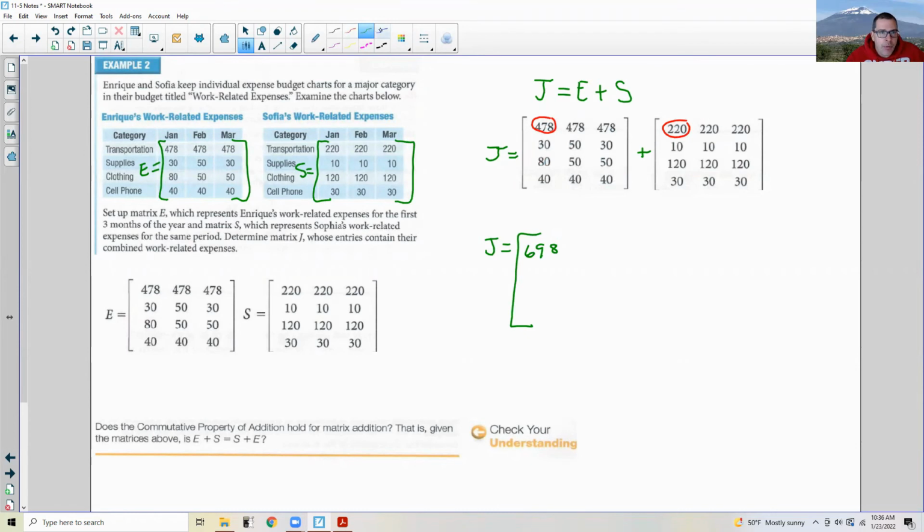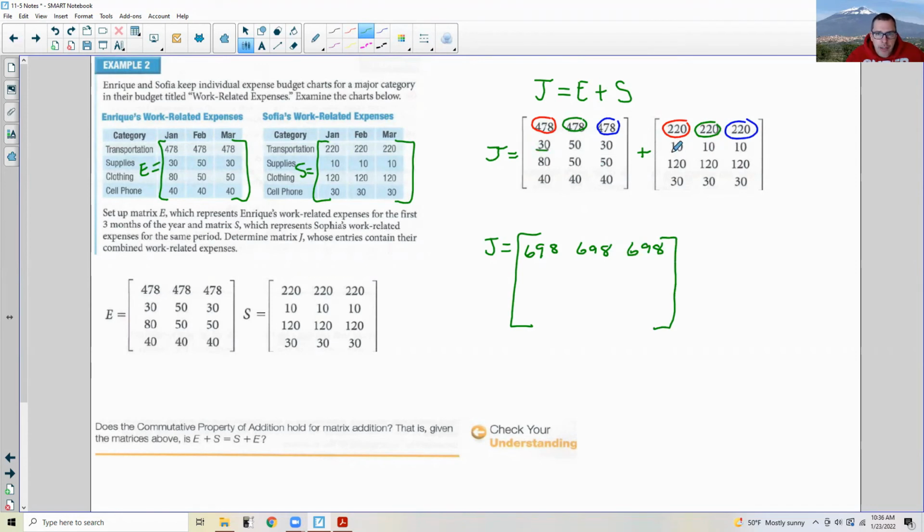So then the next one is row 1, column 2 plus row 1, column 2, and we're going to get that same 698. And then row 1, column 3 plus row 1, column 3 would give us 478 plus 220, which will also give us 698. And that is going to be our new matrix addition. And we continue that with all of them.